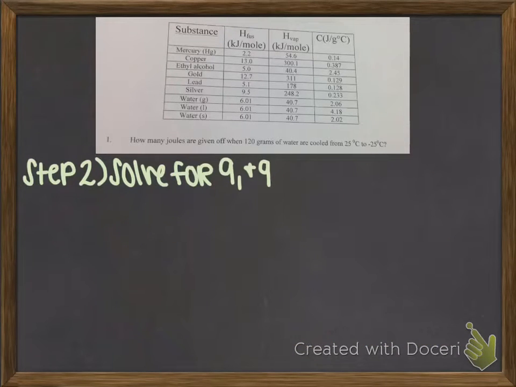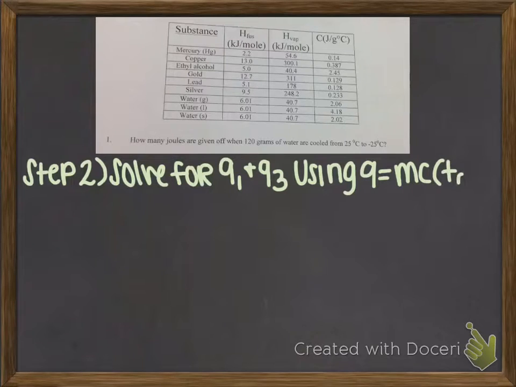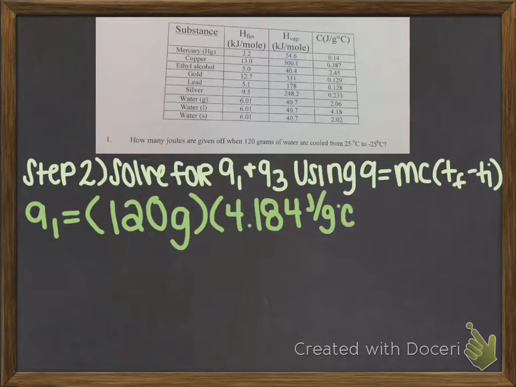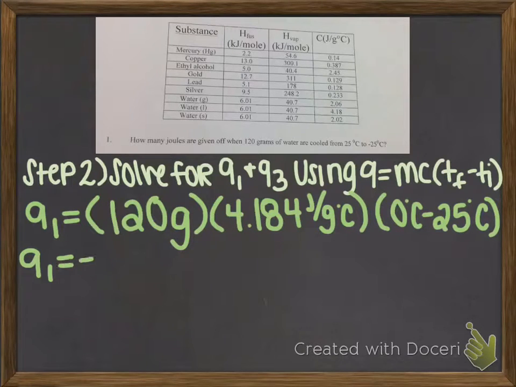Then we're going to go on to step 2, which is solving for Q1 and Q3 using MC(TF minus TI). The first variable we need is the mass, which is given in the problem, so that's 120 grams. Then we wrote down that Q1 is in a liquid state, so we look up at the chart and see that the specific heat, or C, of water is 4.18.